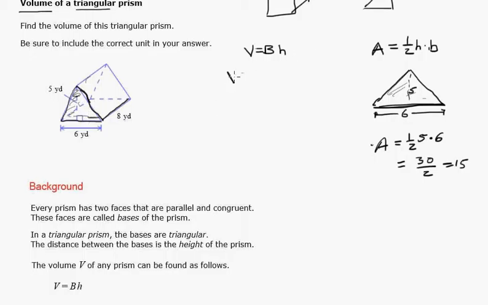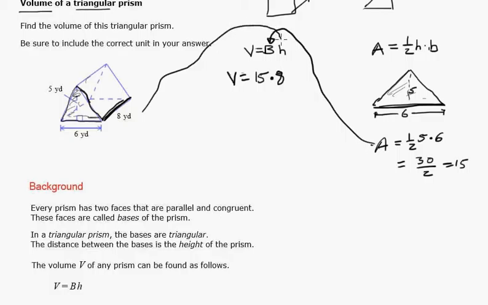So we're going to put this in here. So we get 15. And then we multiply it by what, let's call it the height. Let's just call this dimension the height, or the depth, of 8. So that goes in there.